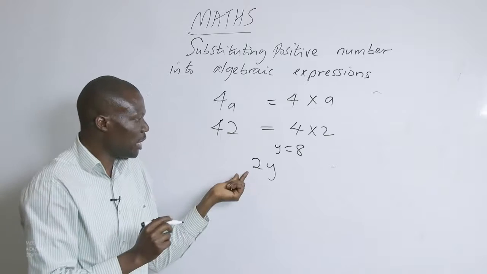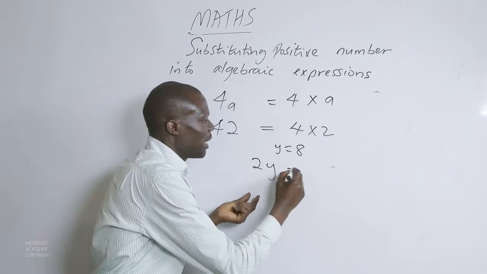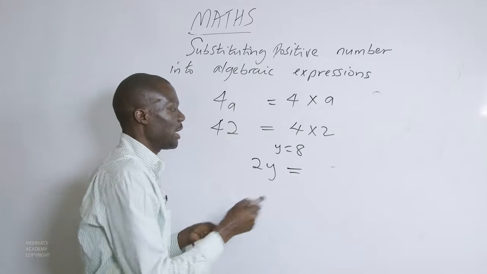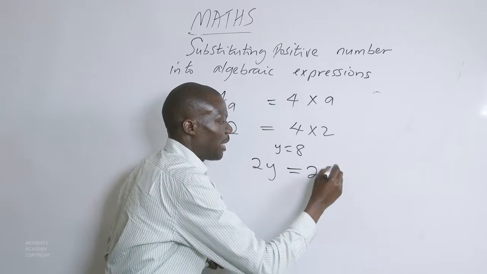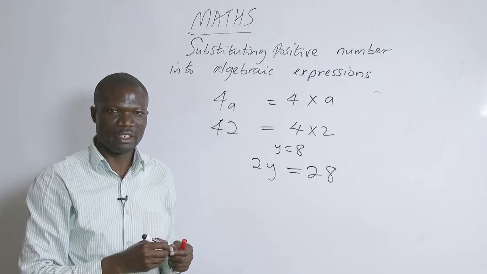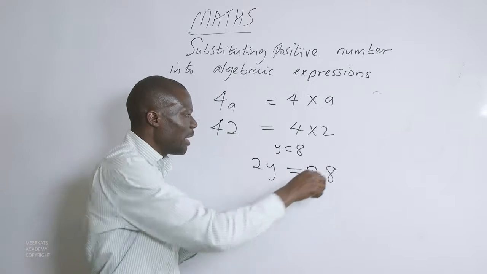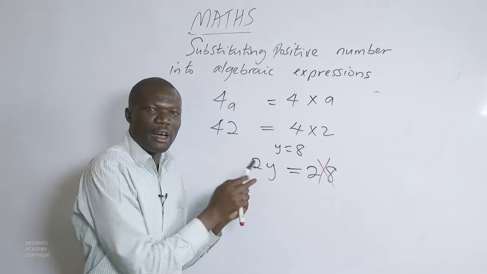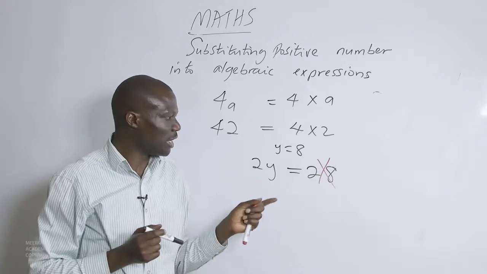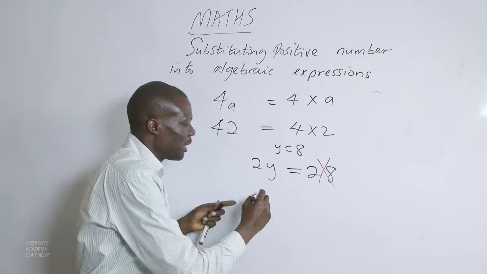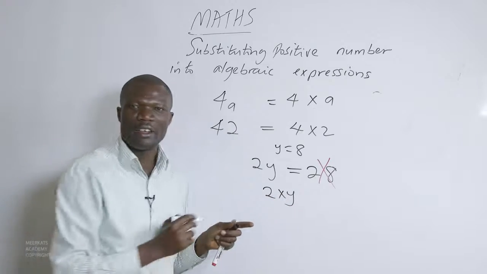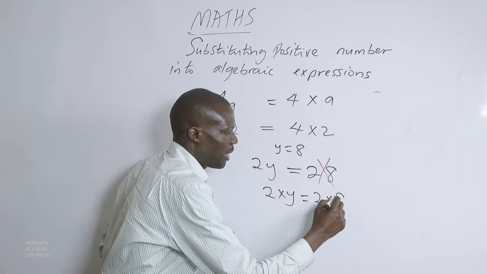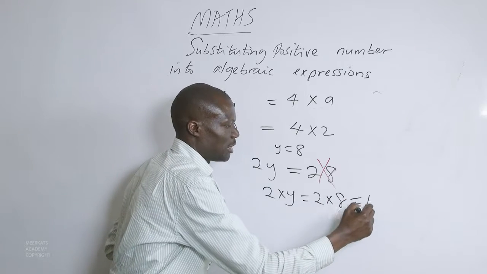Take note very clearly: you do not substitute by writing 28. This one here is wrong. Why? Because this is a product, a multiplication. So you first say 2 multiplied by y, and then you bring in your substitution, and now it will be 2 multiplied by 8, which gives us 16.